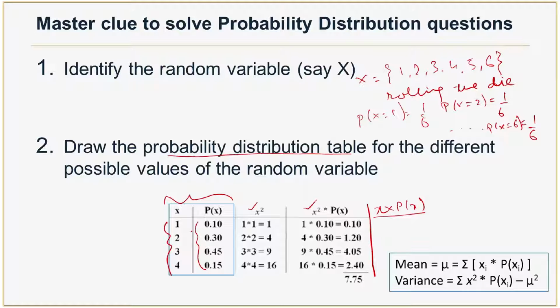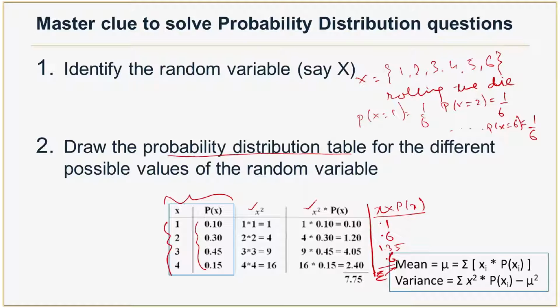Like 1 into 0.1 will be 0.1, 2 into 0.3 will be 0.6, 3 into 0.45 will be 1.35, 4 into 0.15 will be 0.6. You sum up those values and the result will be the mean.